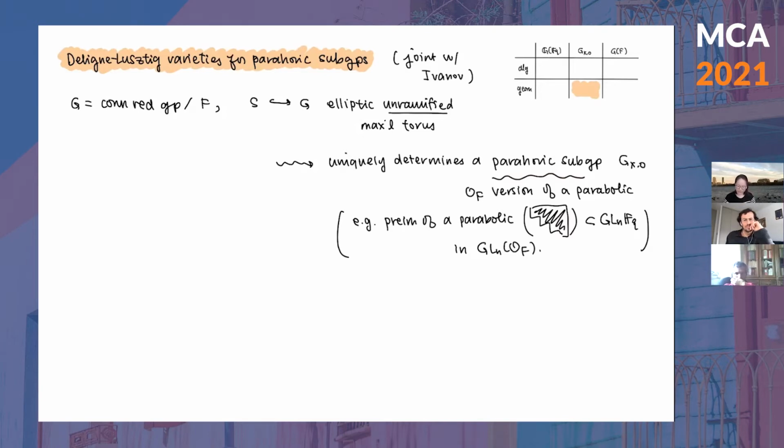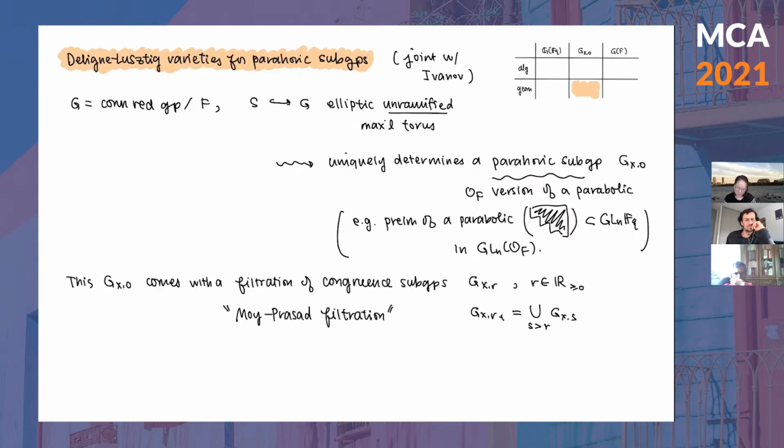And so in our SL2 situation, SL2 ZP would be my parahoric. But you can also do other things, you know, various congruence subgroups inside SL2 ZP. And this GX0, this parahoric subgroup, crucially comes with a filtration of congruence subgroups.